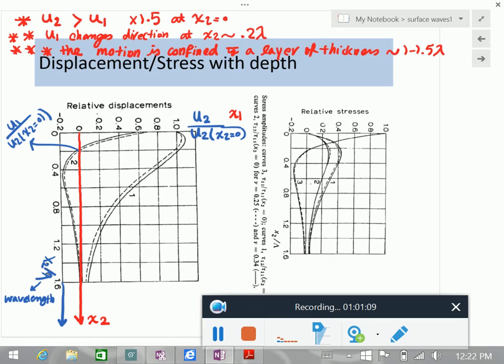If we have the same material and you use a source which is higher frequency, that means the wavelength is smaller. That means that if the surface wave is propagating, it's propagating with the same velocity. However, it's affected by a thin layer.